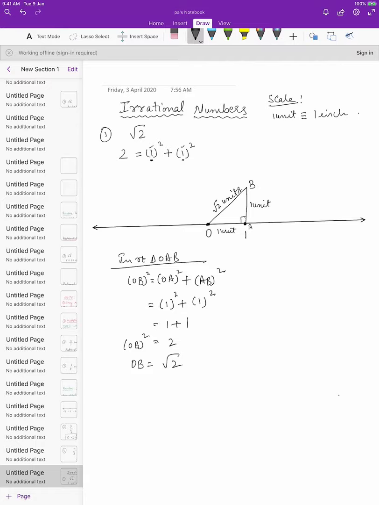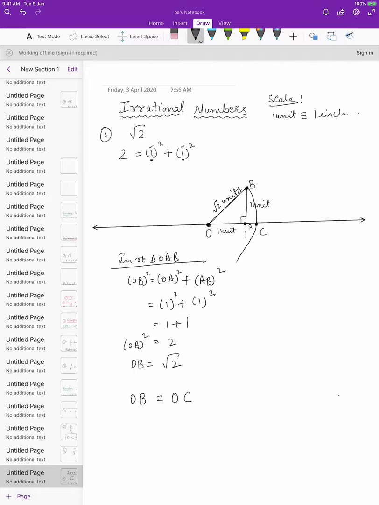So now you can say we have measured what is root 2, that is from O to B the length is root 2, but we have to represent root 2 on the number line. So what we do is, we take a compass, keep the pointed end of the compass at the point O, take OB as the radius and draw an arc which will intersect the number line at some point, say C. Now if you look at OB and OC, are they equal?